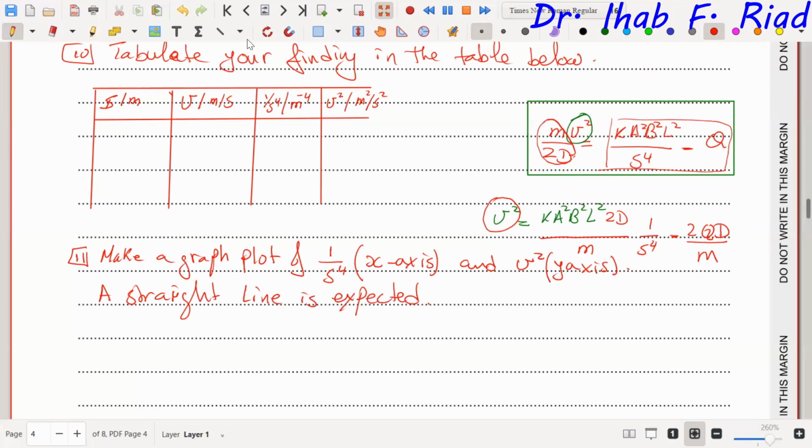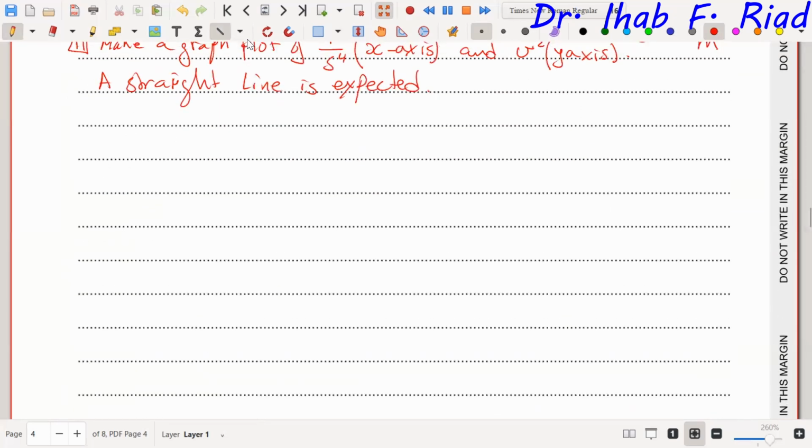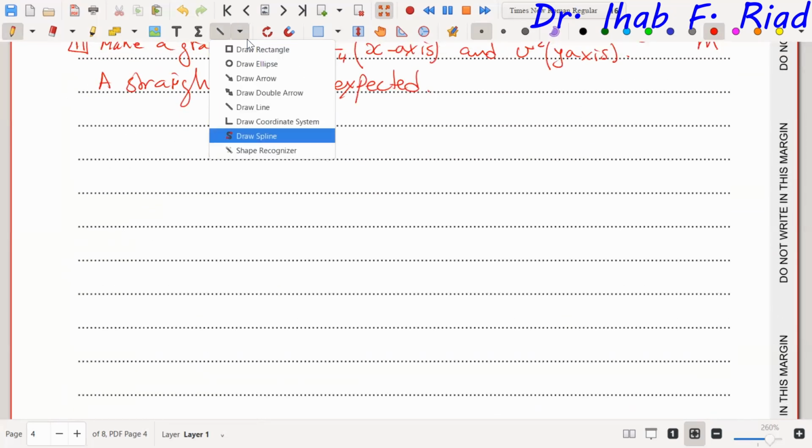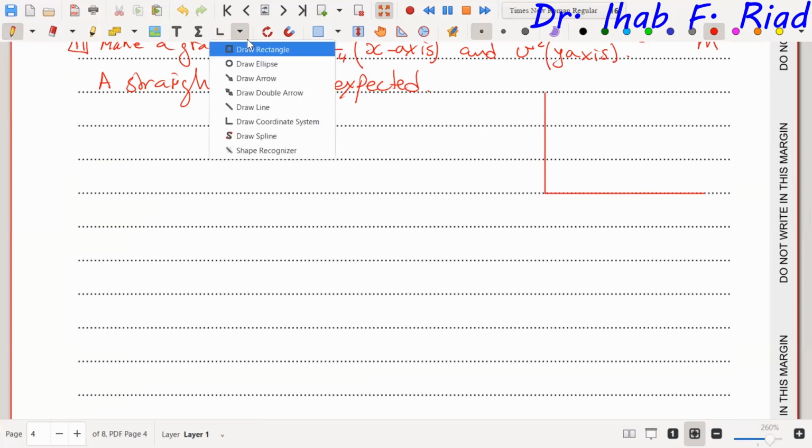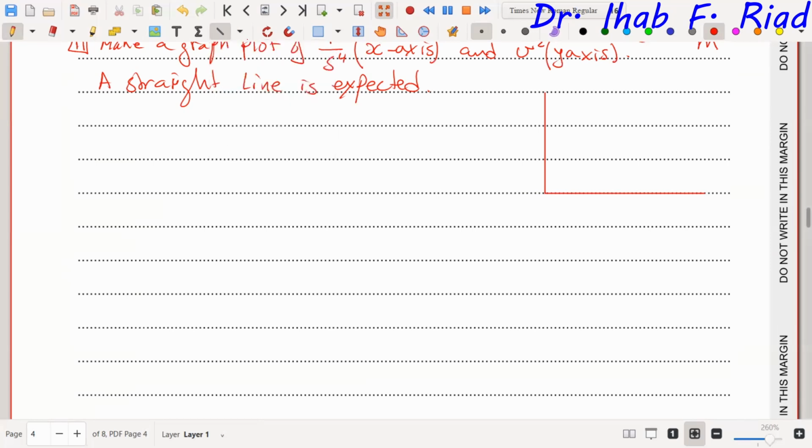Right? Yes. Then we tabulate: one over S to the 4 in meter minus 4, V square in meter square per second square, right? Yes. Right.